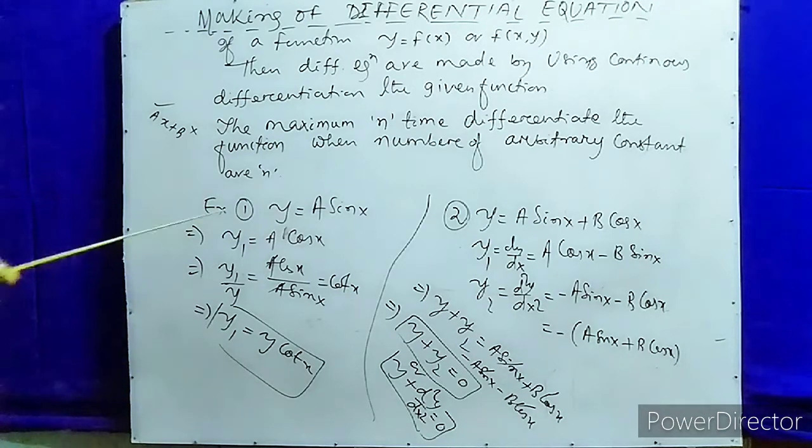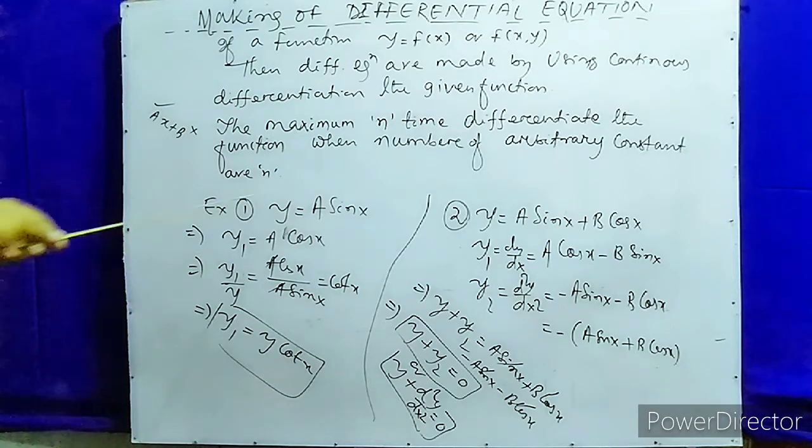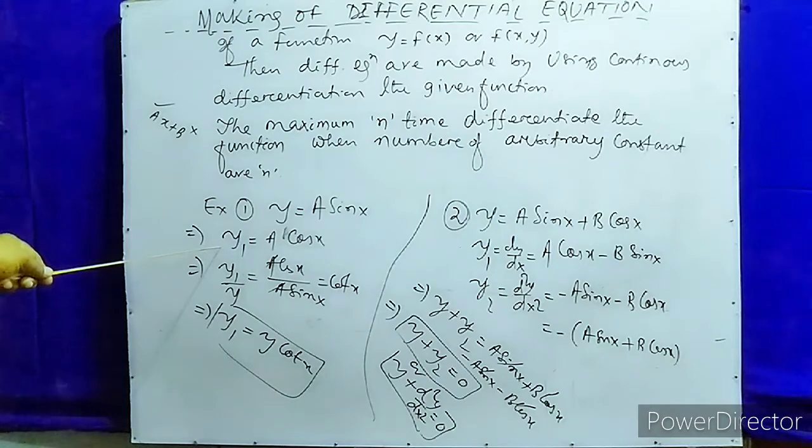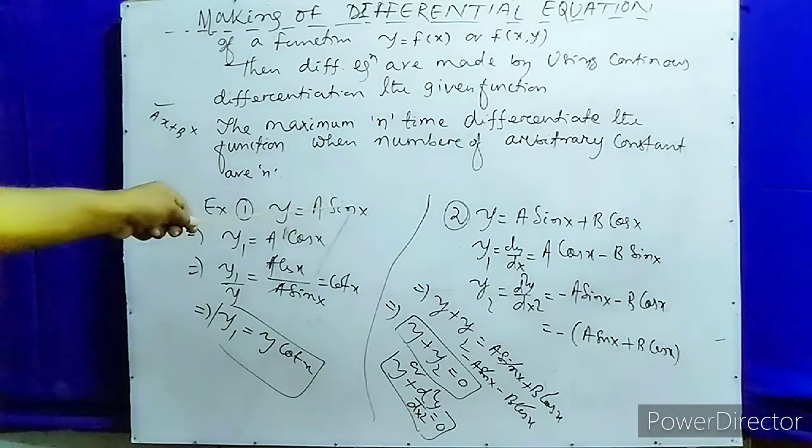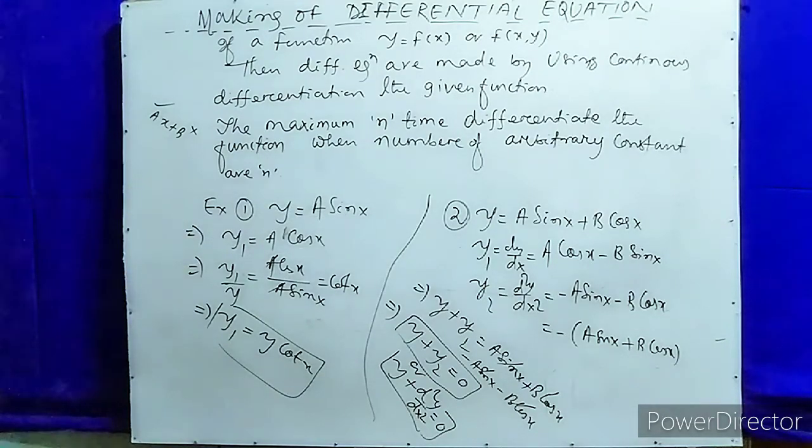So for y equals a sin x, we find the derivative only once. The derivative of y is y1, or dy by dx. A is constant, and the derivative of sin x is cos x. You can't find the derivative more than once.